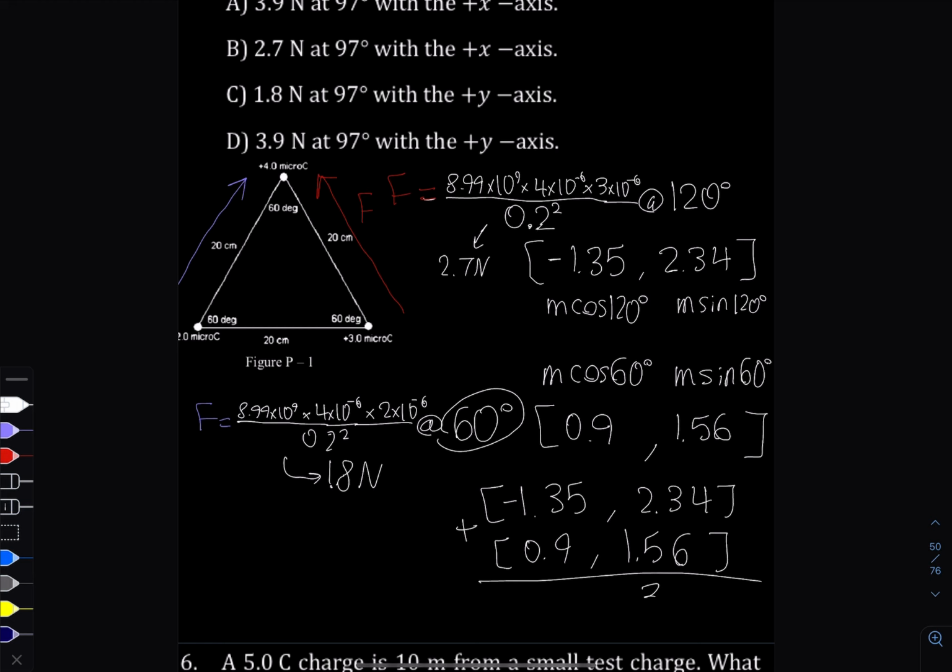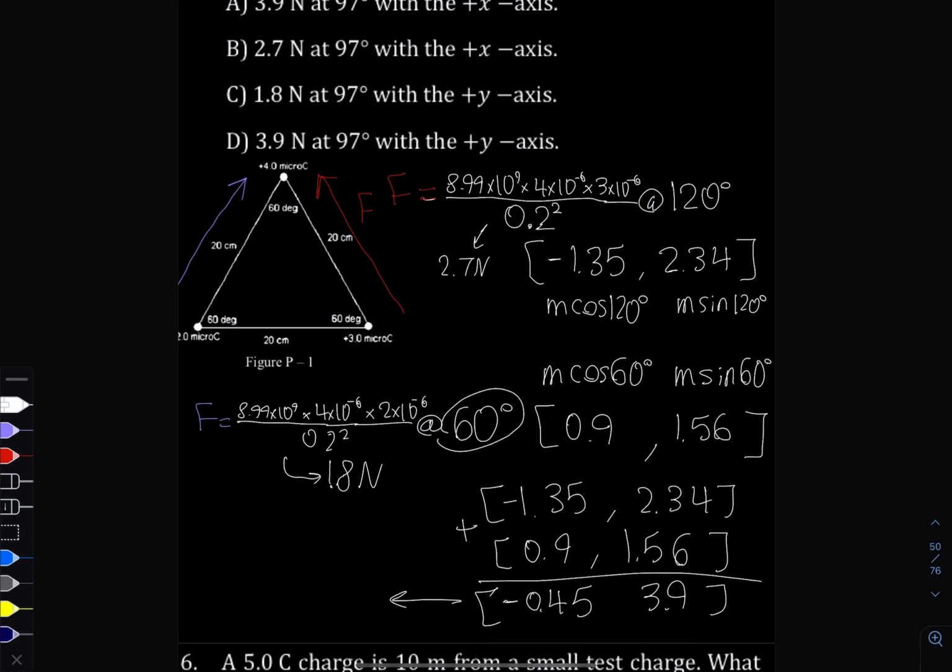If we take them and add them, we get 3.9 newtons for the y component, and then we get negative 0.45 for the x component. So now we have to figure out what it is without the components.